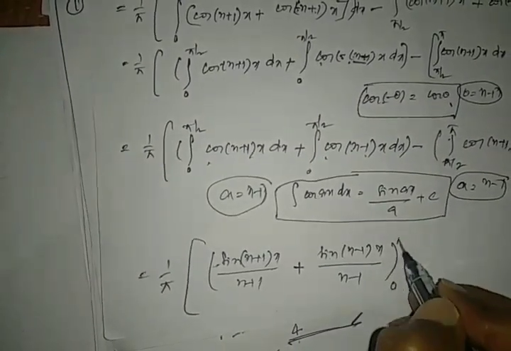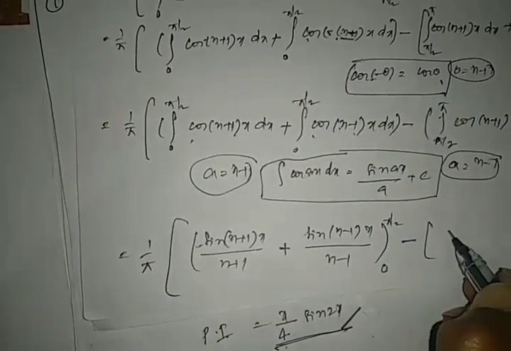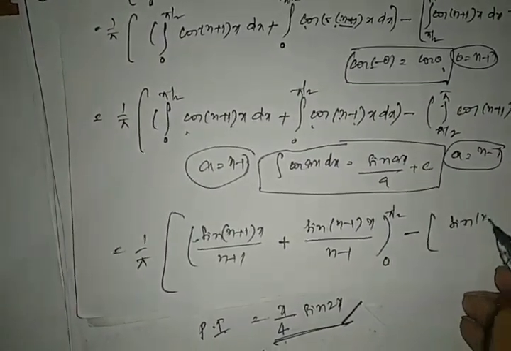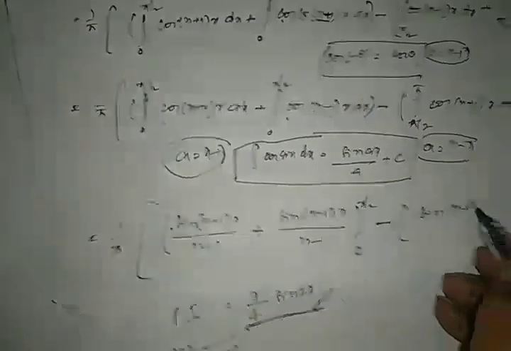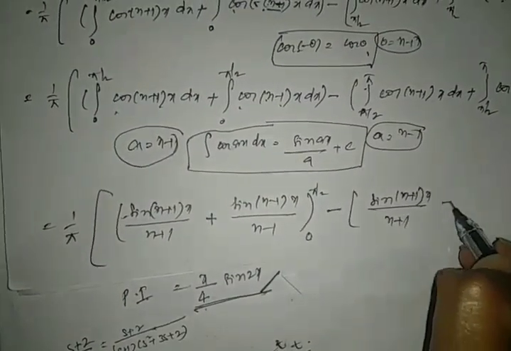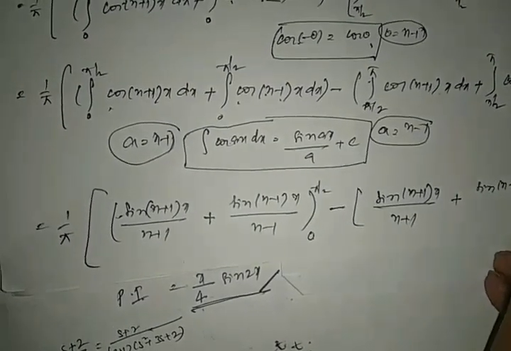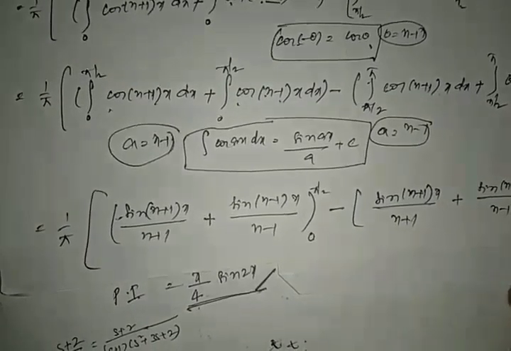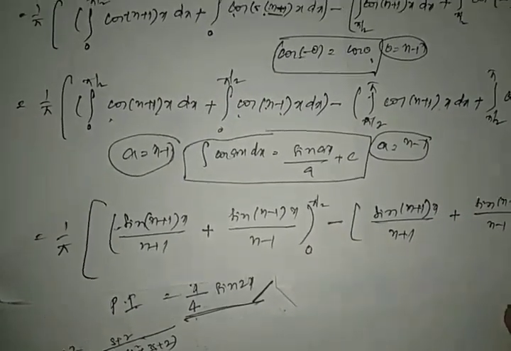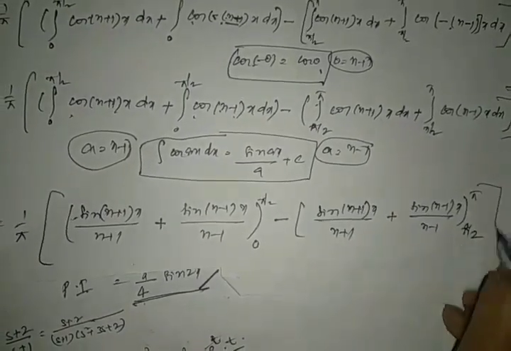The limits are 0 to pi by 2, negative of, here also the same, sin of n plus 1 into x by n plus 1 plus sin of n minus 1 into x by n minus 1. The limits are pi by 2 to pi.